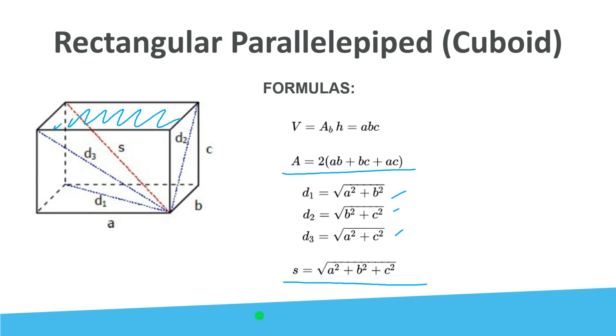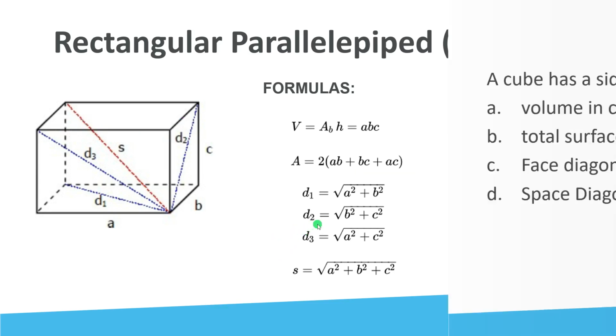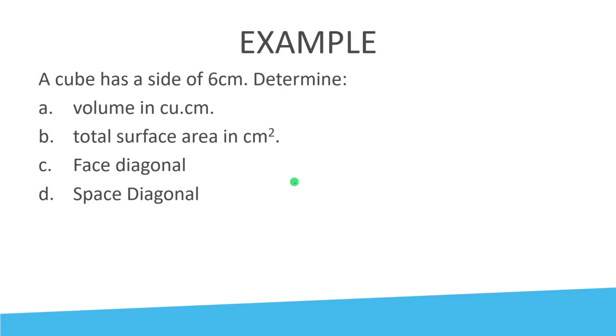And we have here the space diagonals. The same solution applies. Actually, we need not memorize these formulas as long as we know how to use the Pythagorean theorem in computing the diagonals. So let's answer some problems.